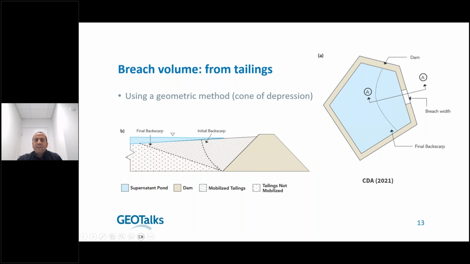We have the angle of repose, and it is reflected inside the tailings dam, and based on that, a cone is dredged with a center at the location of the breach. For example, here you can see the cross section for a schematic breach at the left side. So the volume partly from the supernatant pond and dam, and also the mobilized tailings is determined.